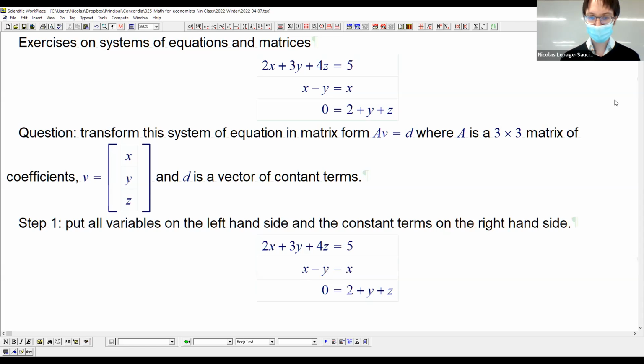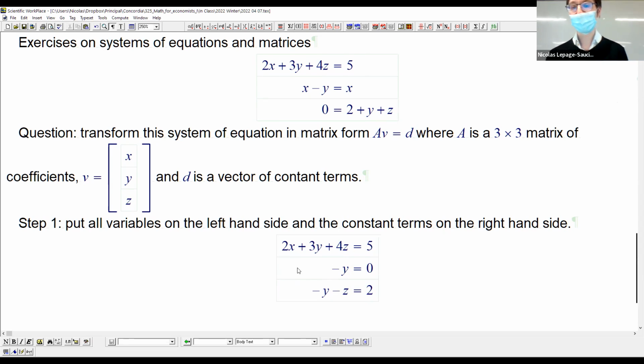And then I have x here, so x minus x, of course, is 0, so I get this. And then minus y minus z. Make sure that they are in the right order. If you would like to make it even more systematic, you can add zeros for coefficients if they don't appear, but let's trust ourselves that we're not going to make a mistake.